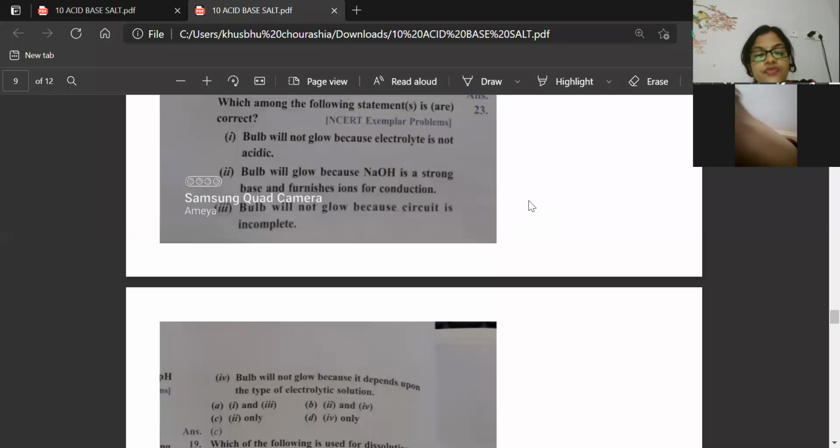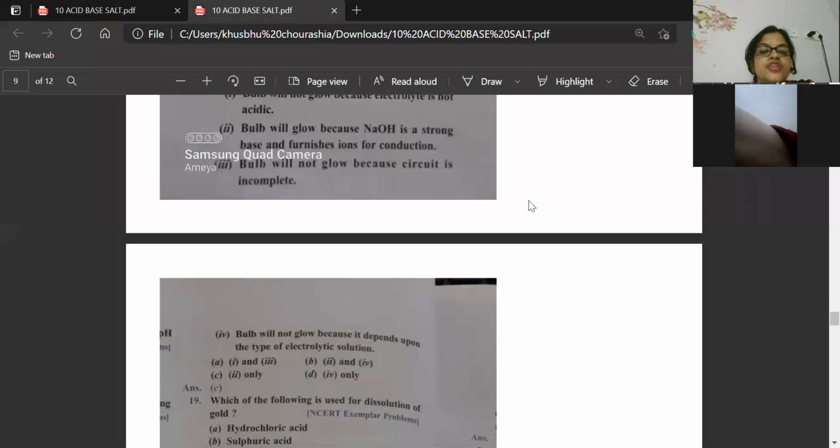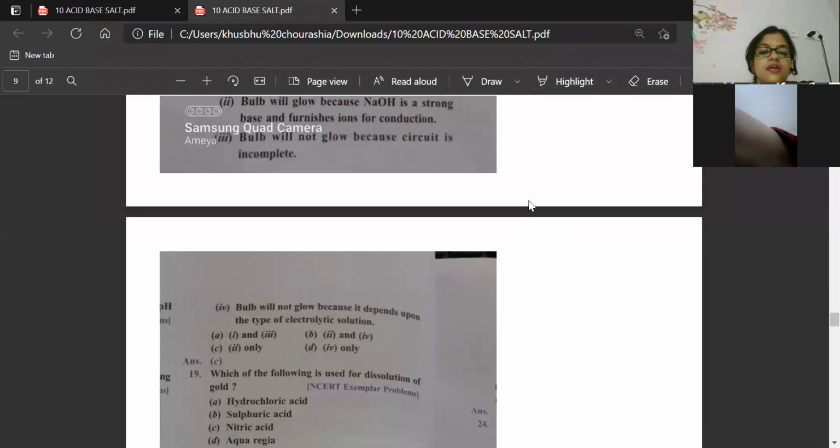Okay, last question for today. Which of the following is used for dissolving gold? Hydrochloric acid, sulfuric acid, nitric acid, or aqua regia? Everyone is saying it's aqua regia. What is the speciality of aqua regia?